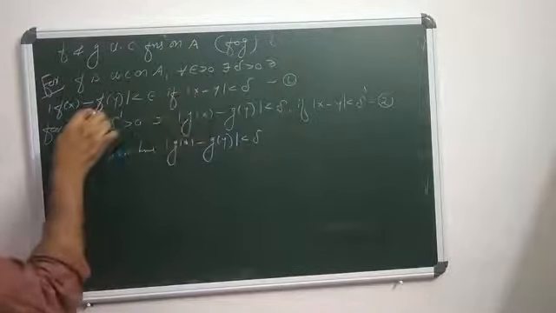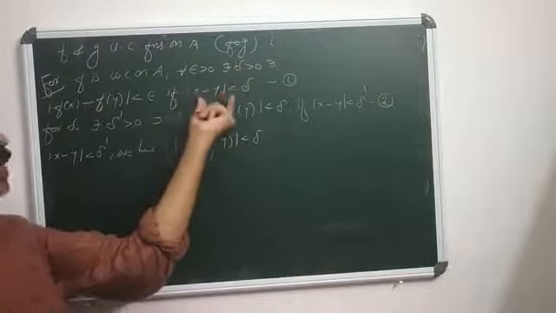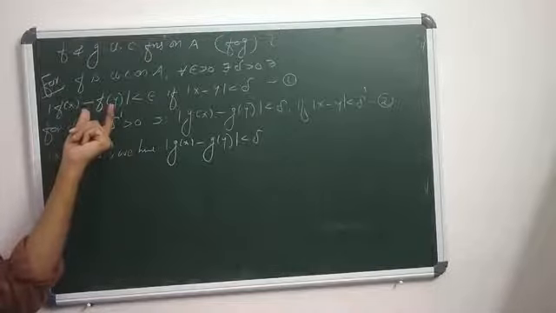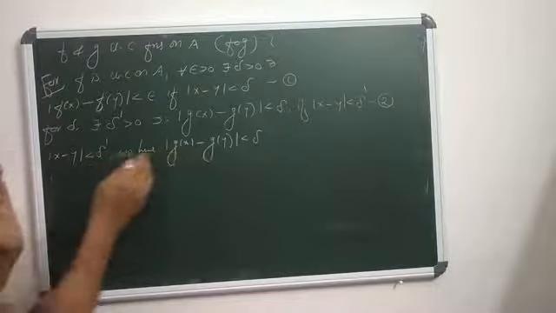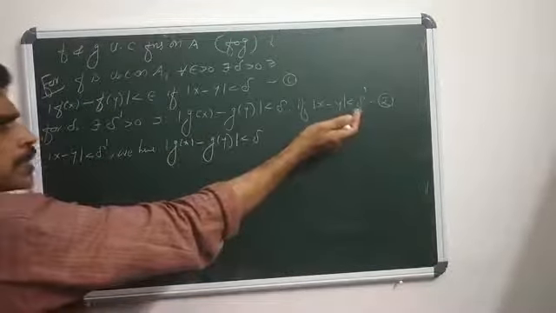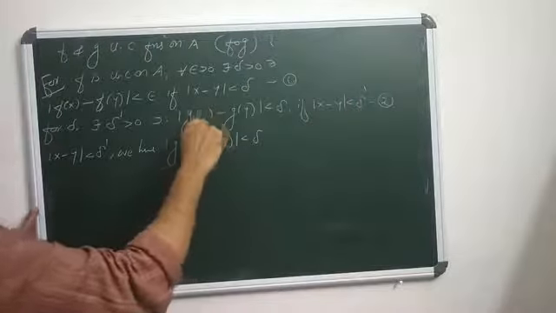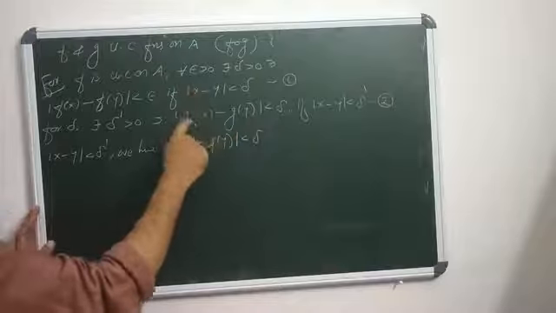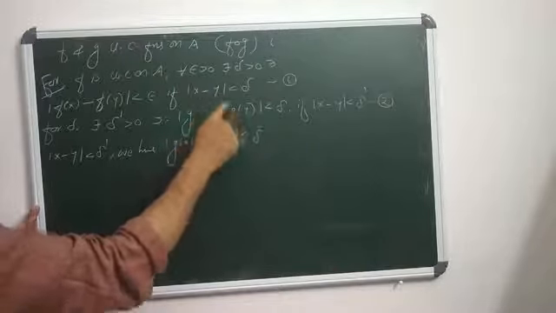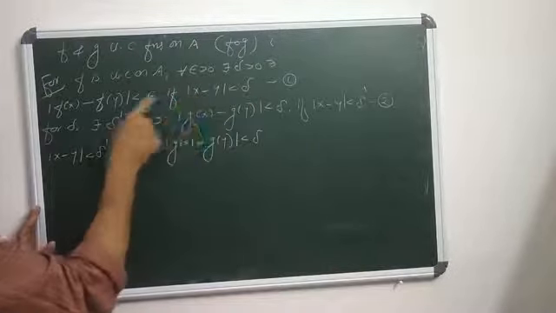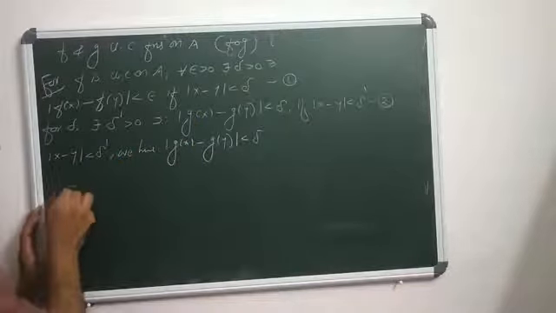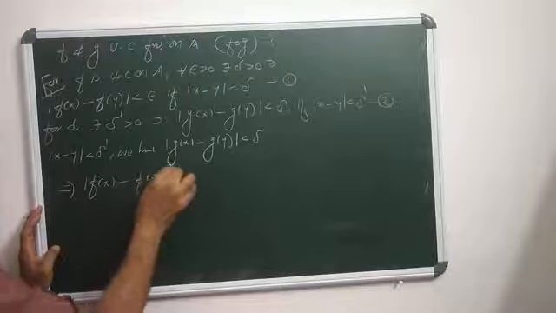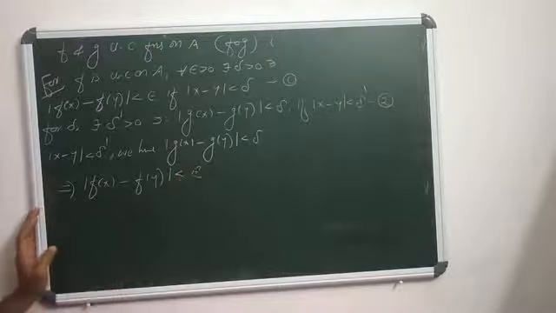So this implies, if mod x minus y is less than delta, then mod f of x minus f of y is less than epsilon. Here, if mod x minus y is less than delta dash, we know that mod g of x minus g of y is less than delta. Instead of x, here it is g of x; instead of y, here it is g of y. So this implies modulus of f of x minus f of y is strictly less than epsilon.